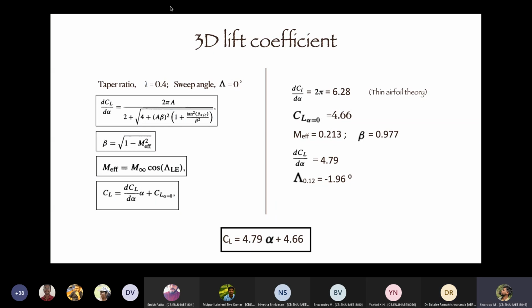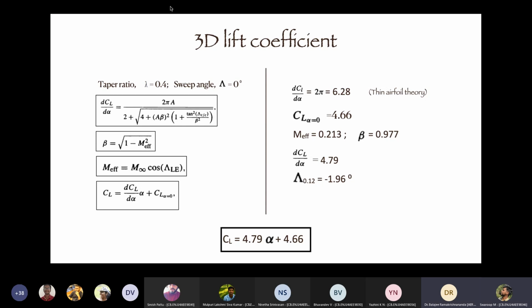Then for taper ratio, it was 0.4 and a 0 degree sweep angle. This 0.4 is from the comparison aircraft, is it? The 0.4 taper ratio you took from comparison aircraft? Yes, sir, 23012. No, that is the airfoil. Yes, sir.